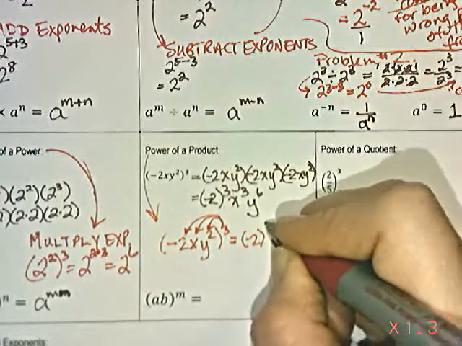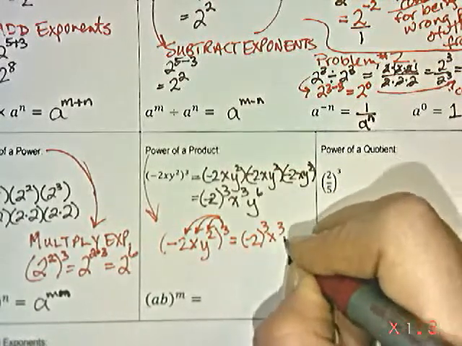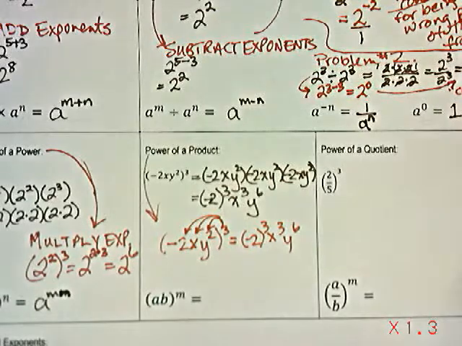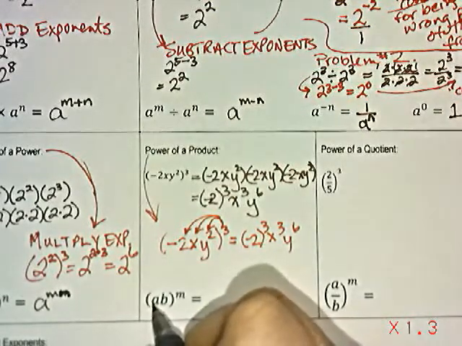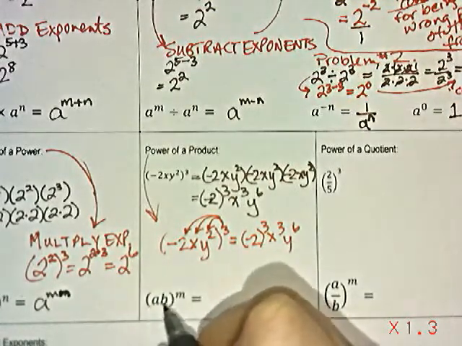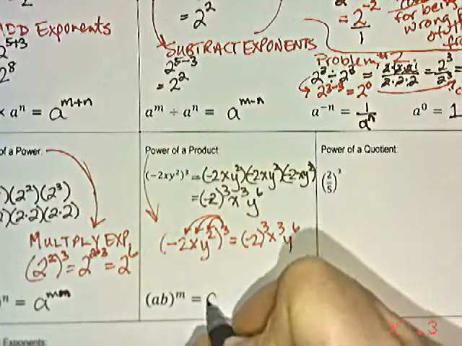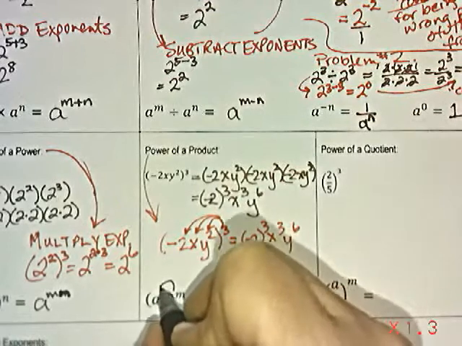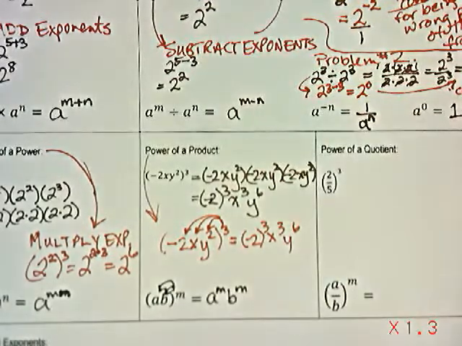So I have my negative 2 cubed, my x cubed, and my y power of a power here to the exponent 6. And so my general exponent law for that is ab as my product to the power m, a to the exponent m, b to the exponent m. Each of those items in the bracket are subject to that exponent.